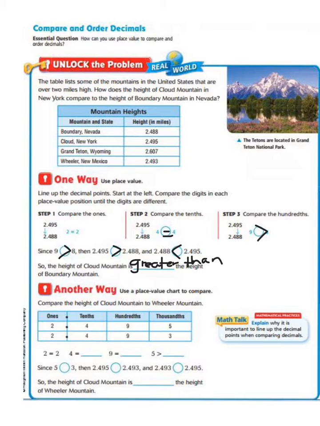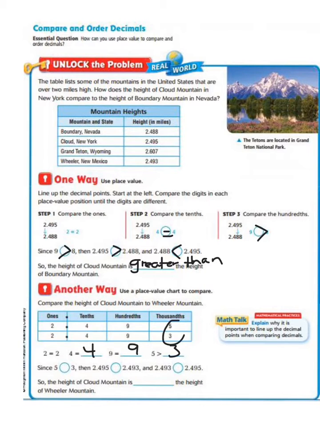Another way that you can do this is to use a place value chart to compare. So compare the height of Cloud Mountain to Wheeler Mountain, and you put in all the numbers according to their place value. So again, we see that 2 equals 2, 4 equals 4, 9 equals 9, and 5 is greater than 3.